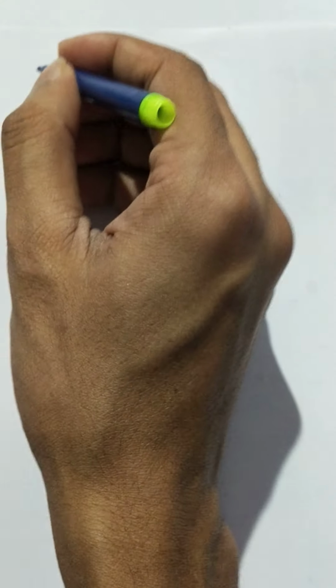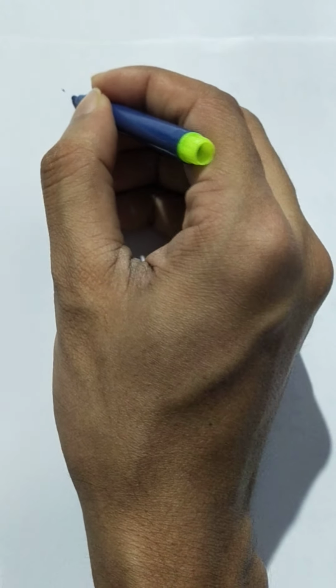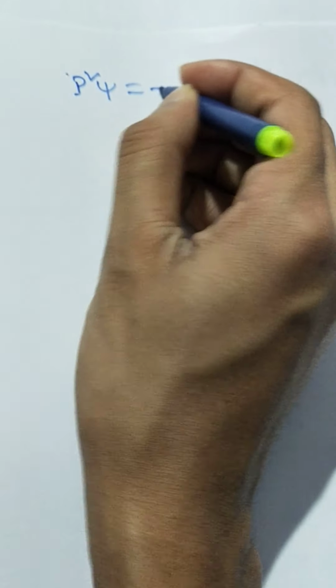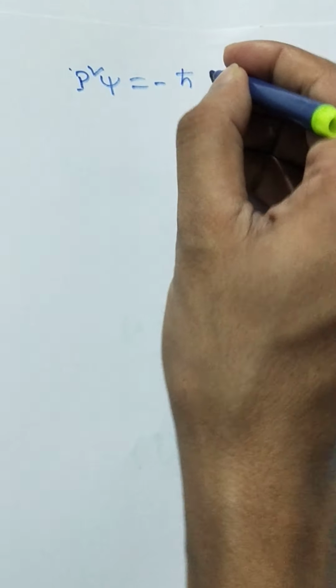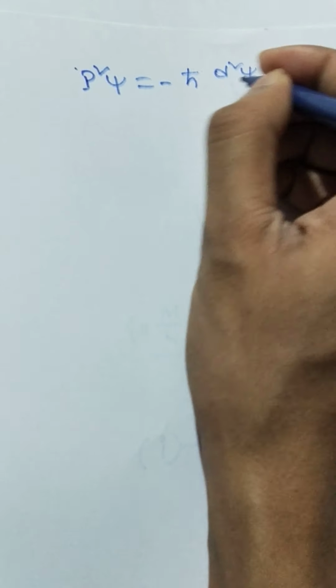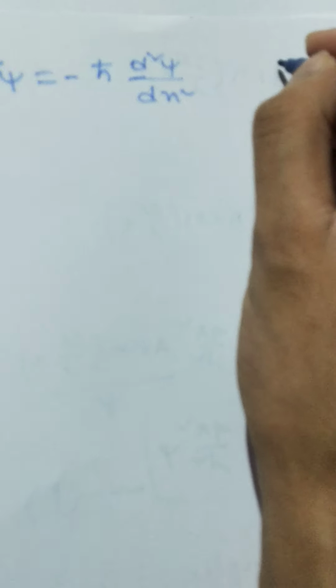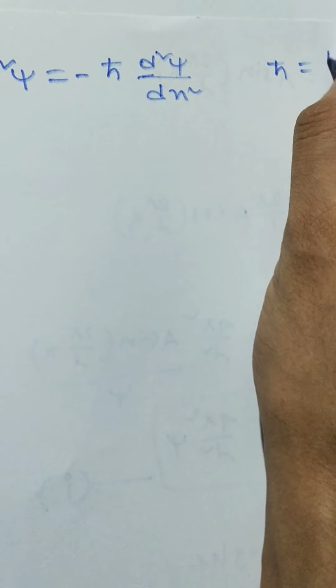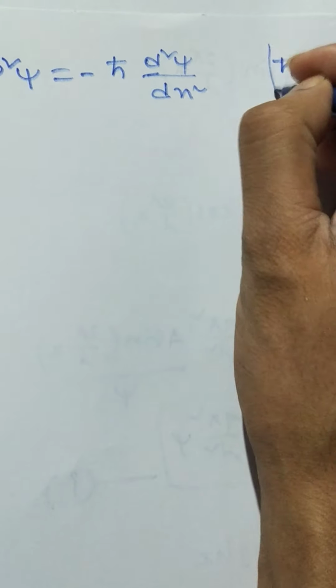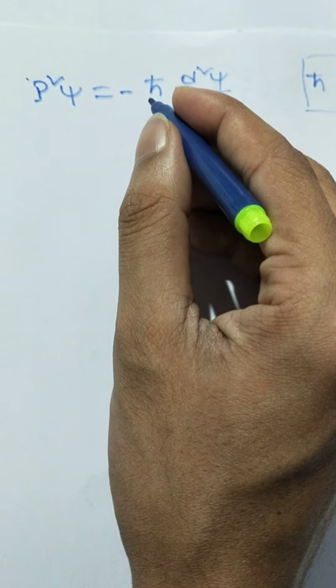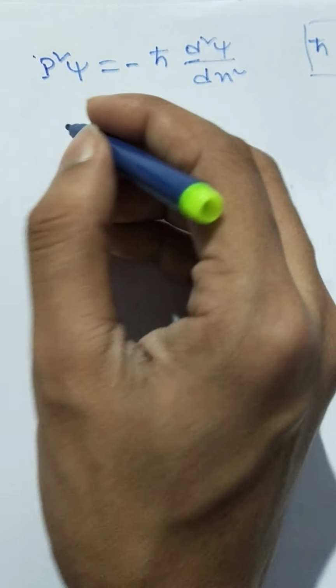Now we can write this way, this is minus h cut square by d2 psi by dx2, where h cut equals h by 2 pi. So we write h cut instead of h by 2 pi.